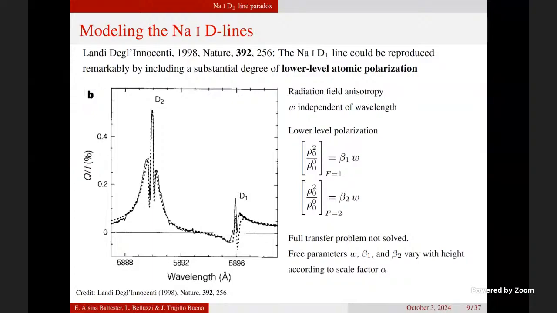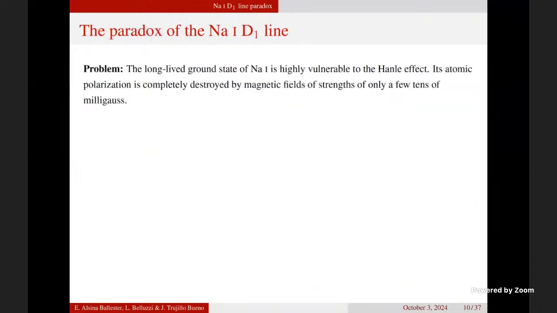Now, this was solved in a relatively simple manner, imposing a radiation field anisotropy that was flat with wavelength and which varied with a height scale factor. And also some lower level polarization was added. And again, with this, the D1 line could be reproduced to a good degree.